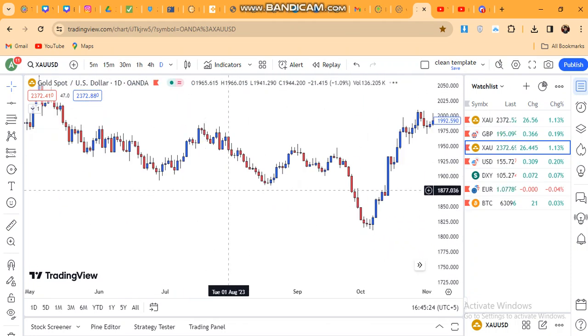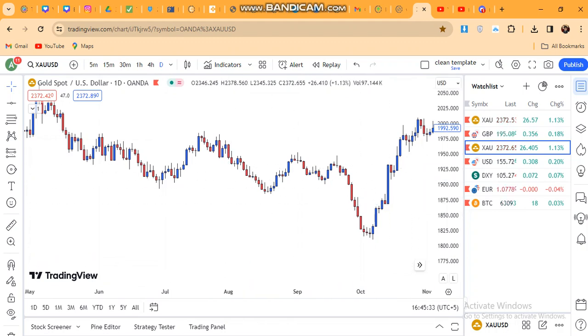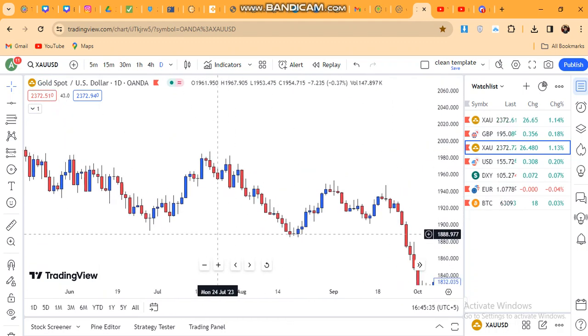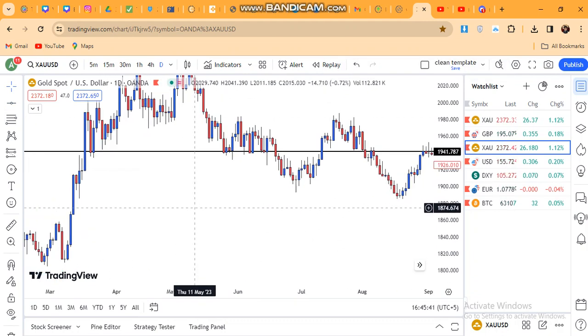Now what I want you to do is draw support and resistance. And lastly, what makes a good, big support and resistance is touch points. The more touch points we have, the higher the support and resistance we have.